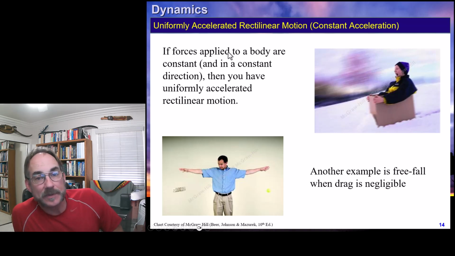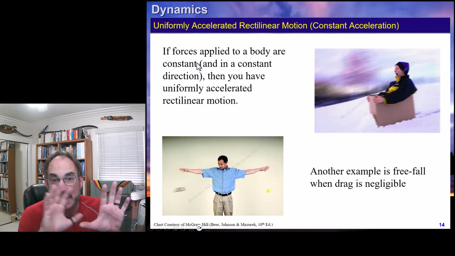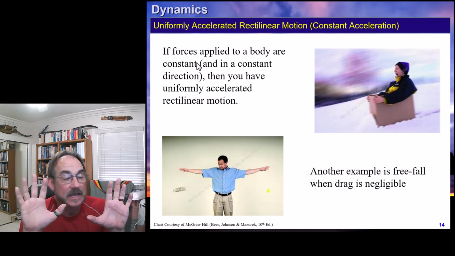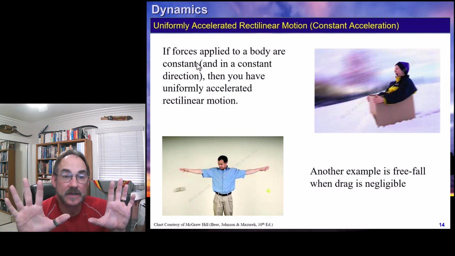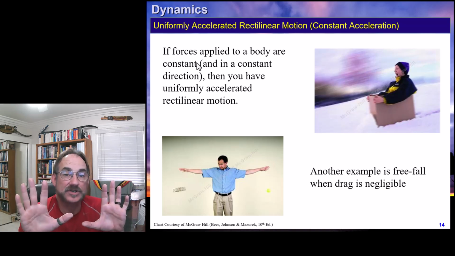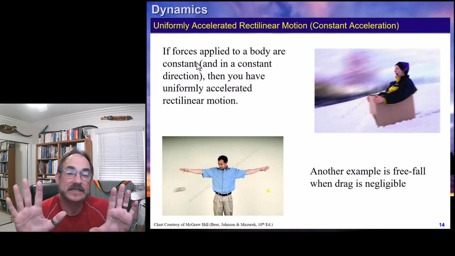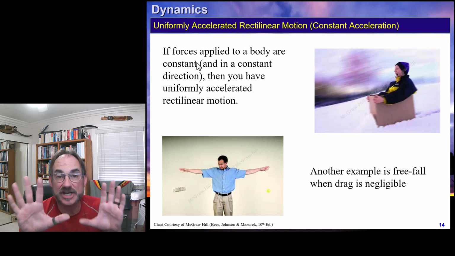If the forces applied to a body are constant, remember, we talked in our first lecture about F equals ma. If we sum all the forces, that gives us an acceleration. If the forces are constant, then you're going to have uniform acceleration, which means the acceleration is not changing.